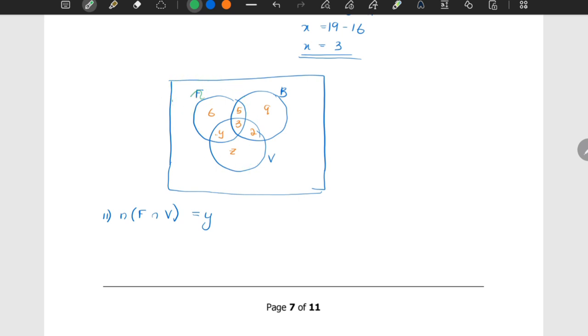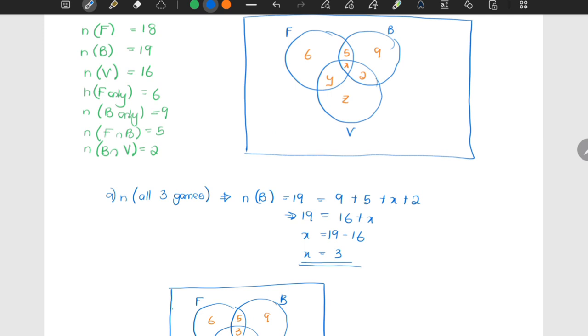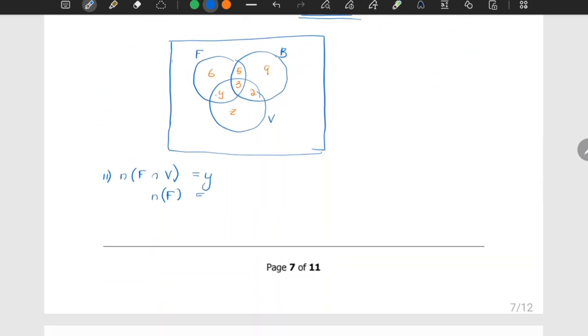Looking at what we know in the region of football and volleyball, we know how many play football in total. We were told that it's 18. So 18 should be equal to 6 plus 5 plus 3 plus y.